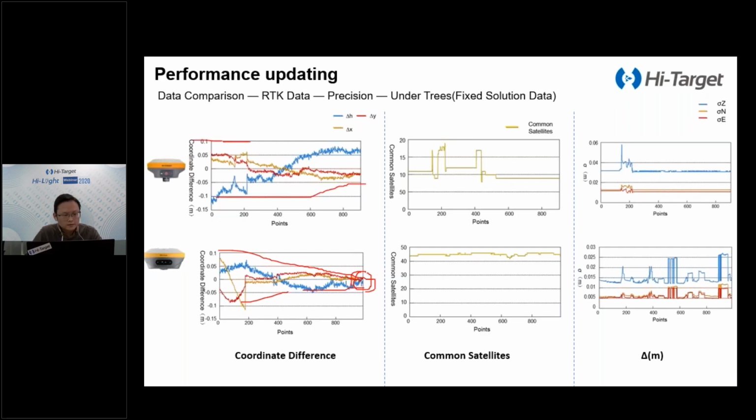But the V90 Plus cannot compare with it. It still has some divergence. Also the common satellites are smoother, while the V90 Plus gets some unstable common satellites. And the data error sigma is smaller than 2 centimeters.